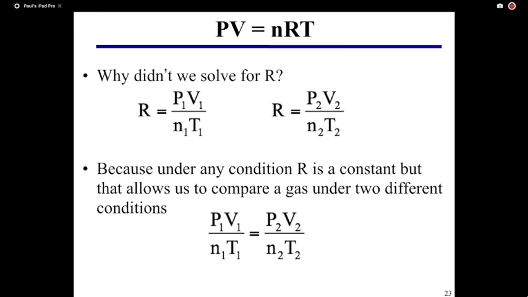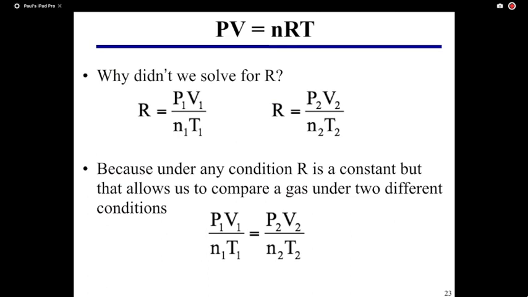The gas will adjust all of the different variables so that every time you multiply P times V divided by n times T, it will always equal the constant number, R. It wasn't very useful for us to solve R, although in lab, we're going to make you solve R experimentally and verify that R is really R if you do your problem and technique right.